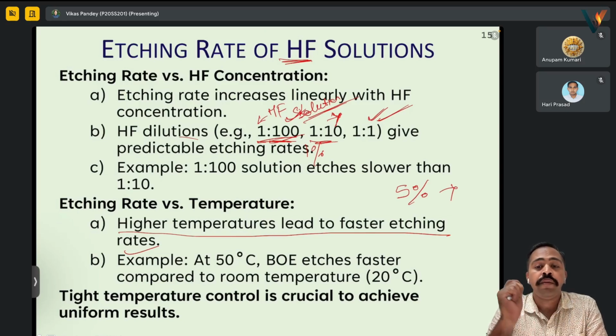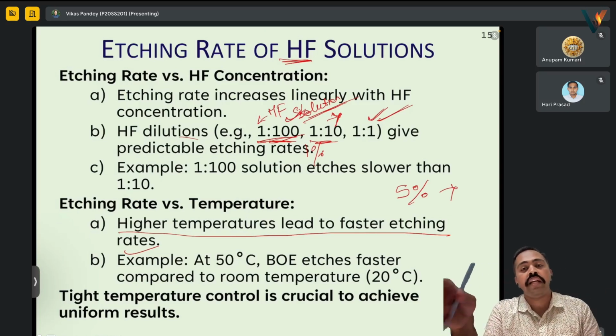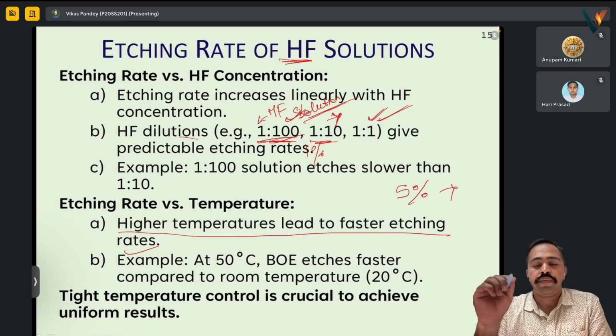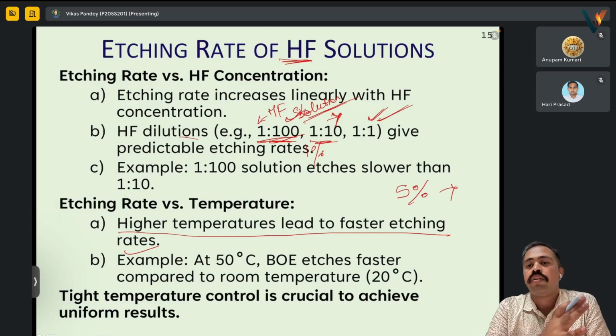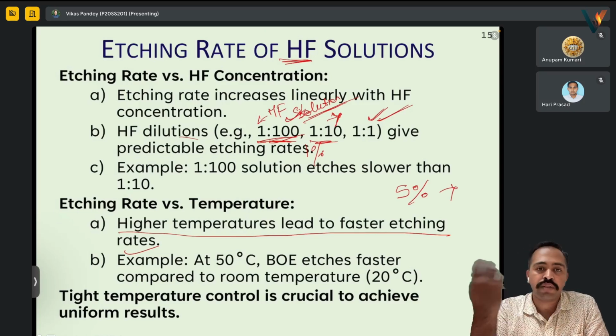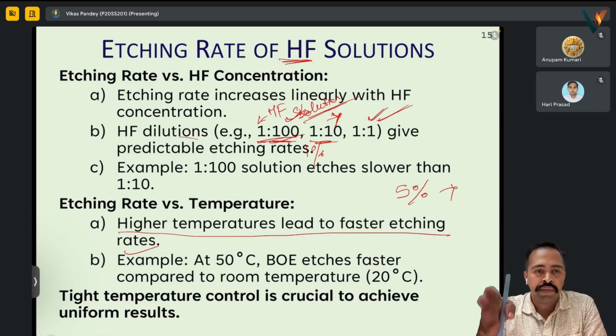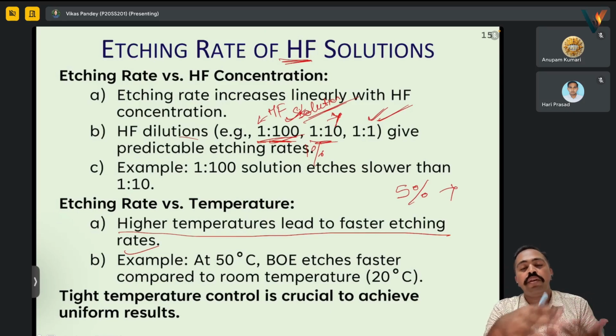That is why the area where the wet benches are, where we work with this etchant, we keep at a constant temperature, say around 20 or 25 degrees, and we optimize all our processes based on the temperature we maintain in our system. If the temperature outside changes, we must maintain the temperature inside so that we get the same rate of etching.